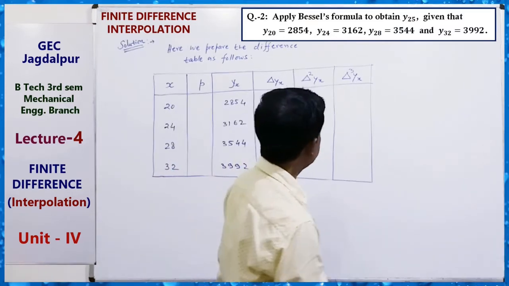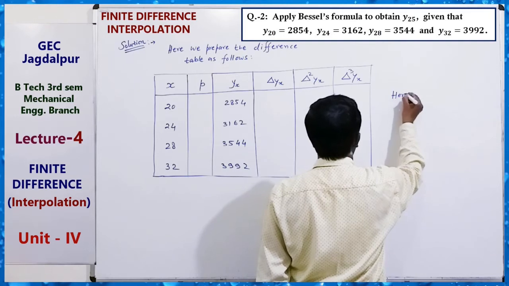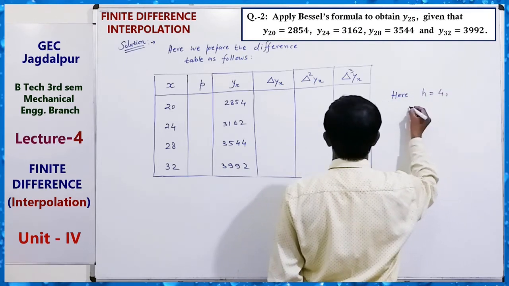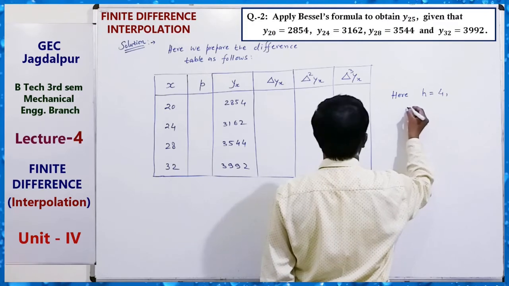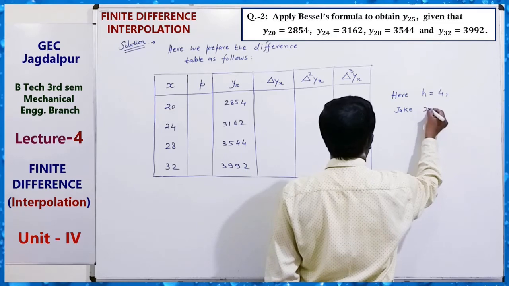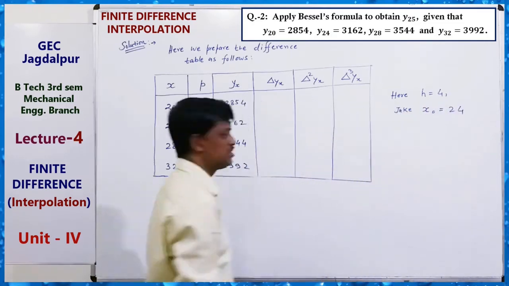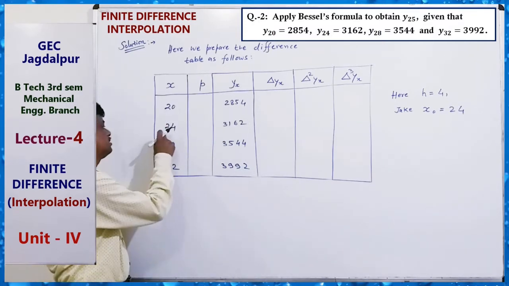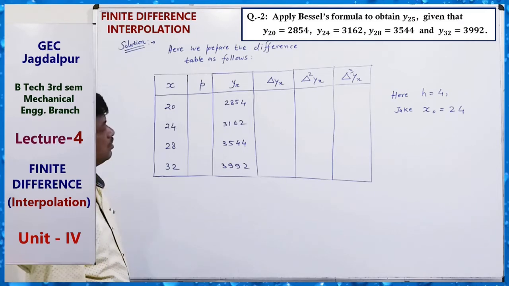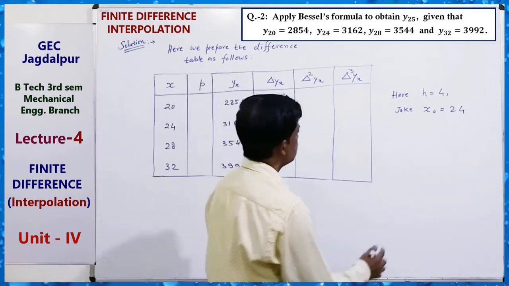Okay. Here h equals 4. Take x0 equals 24. You can also take any other, maybe. So x0 equals 24. Okay, so p can be found.